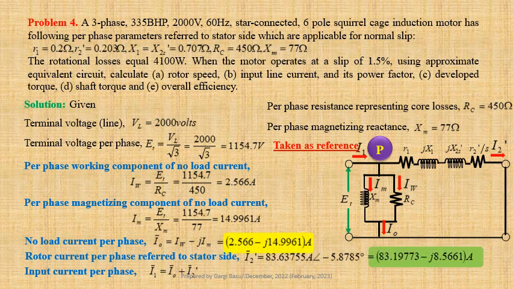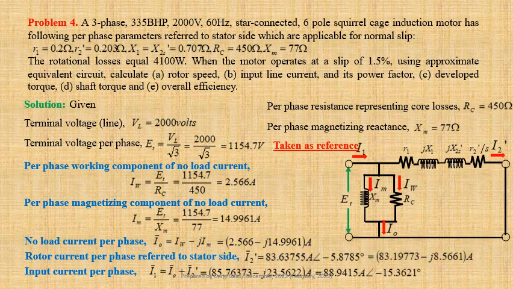Using values we get 85.76373 minus j times 23.5622 ampere. This may be written in polar form as 88.9415 ampere at an angle minus 15.3621 degree.